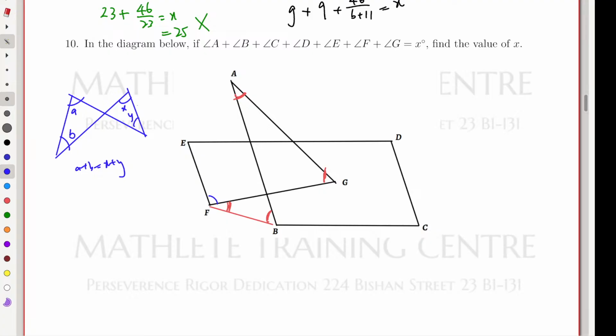Now, together with the rest of angles F, E, D, C, and B, what we have done to this diagram is that we have transported it into this figure, which is actually a pentagon. And if you have a pentagon, then the sum of angles is 540 degrees. So therefore, x is 540.